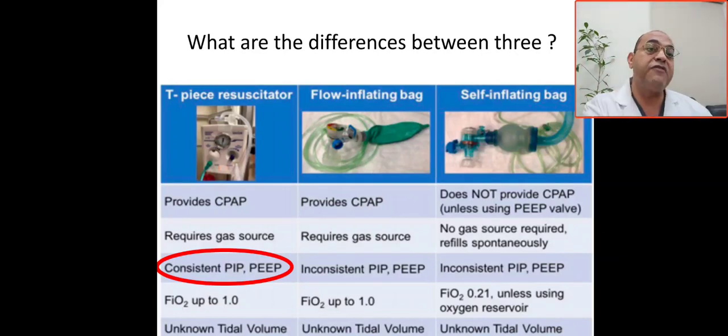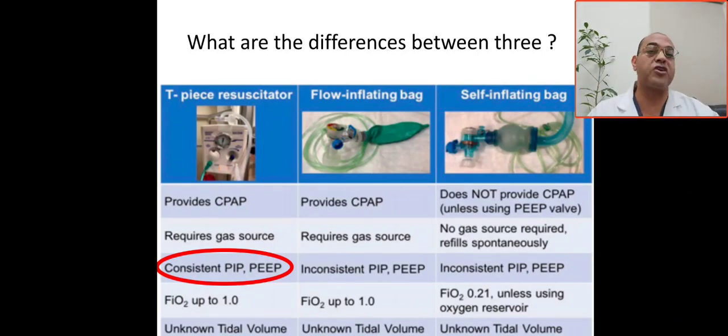The self-inflating bag will not provide CPAP unless you use a PEEP valve. The red part on top of the self-inflating bag will help to provide CPAP. So all will provide CPAP except the self-inflating bag, unless you use the PEEP valve.